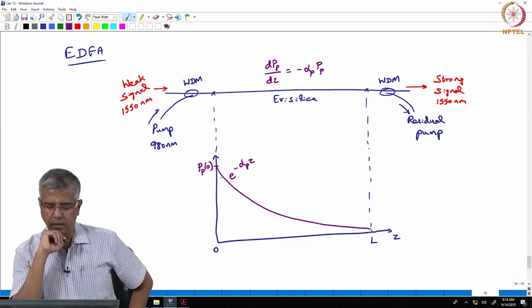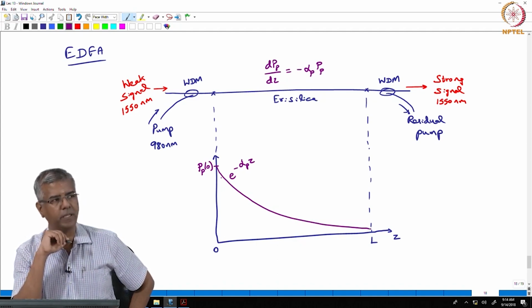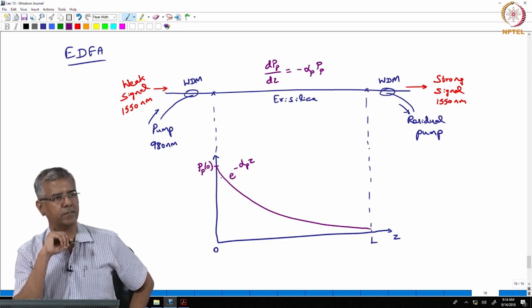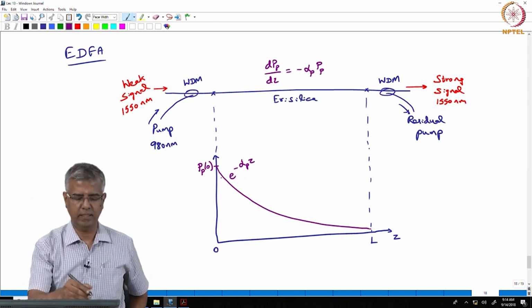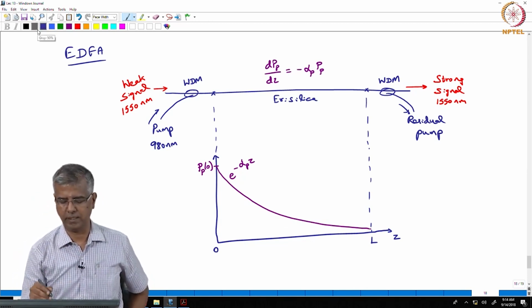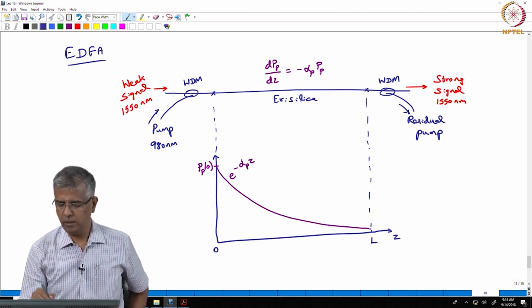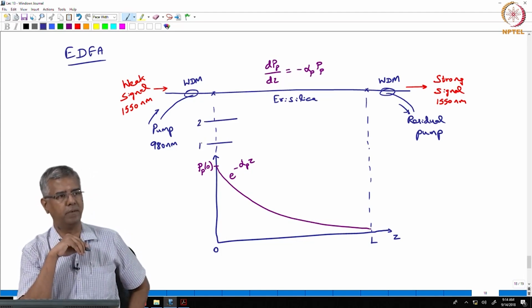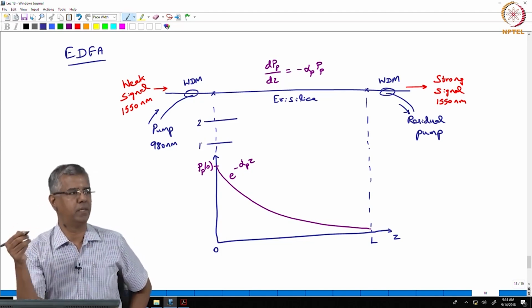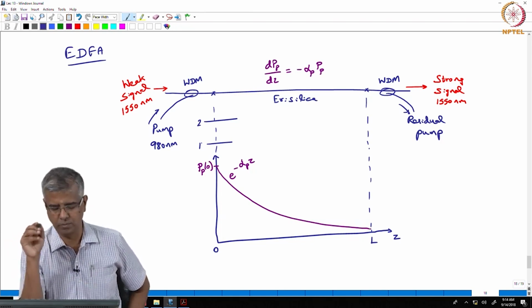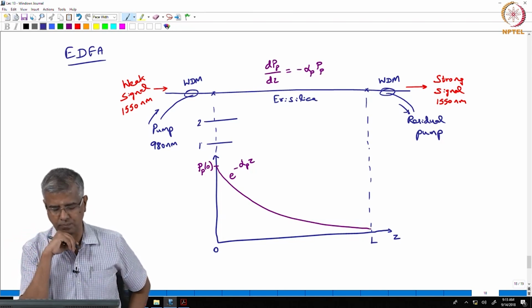So, what does that mean as far as your population inversion is concerned? Let's think about that for a second. Let me just, for simplicity, consider these two energy levels. We do have a third energy level in erbium, right? But we are not paying attention to that.